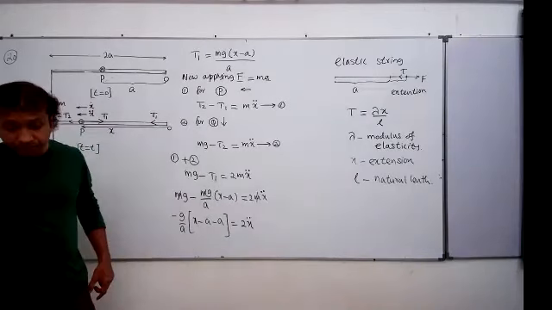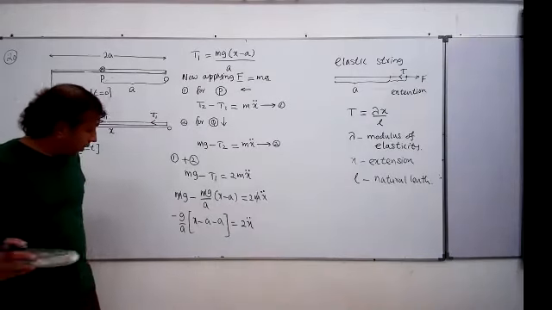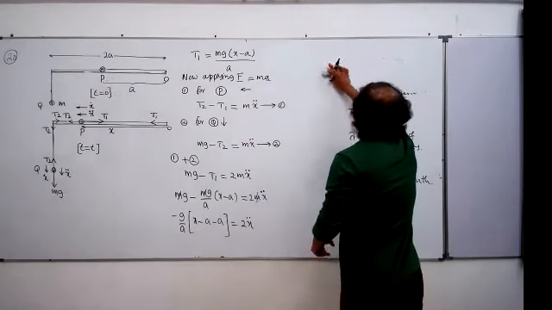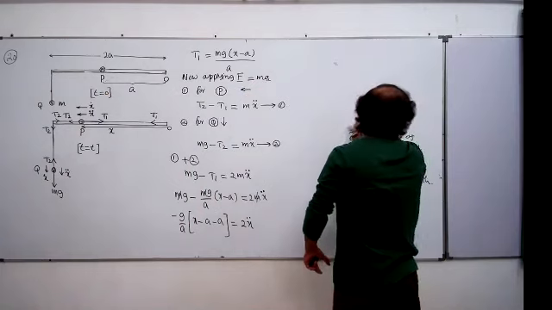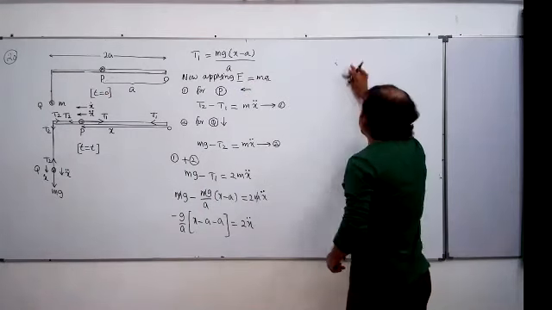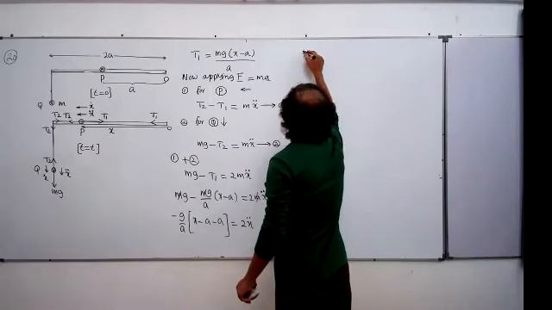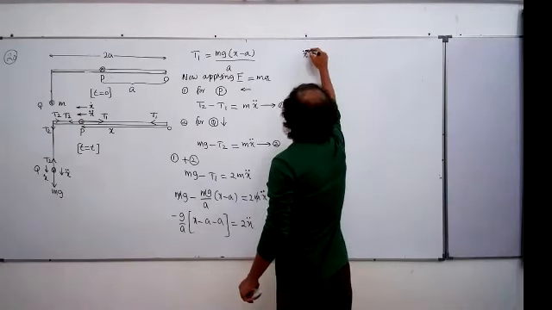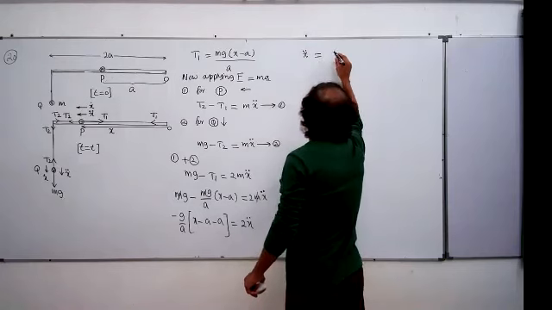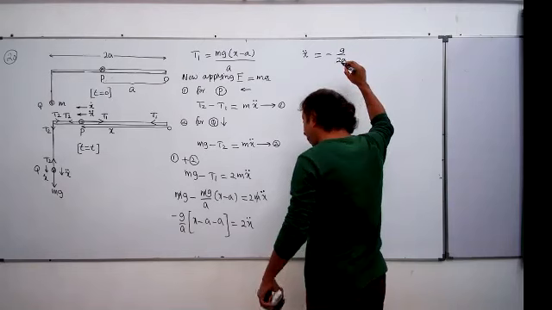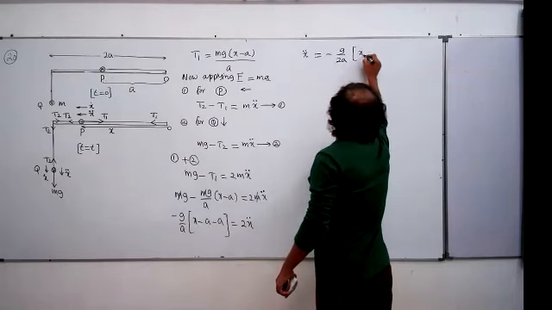Then you can make x double dot the subject like this. Therefore, x double dot is minus g upon 2a times (x minus 2a).